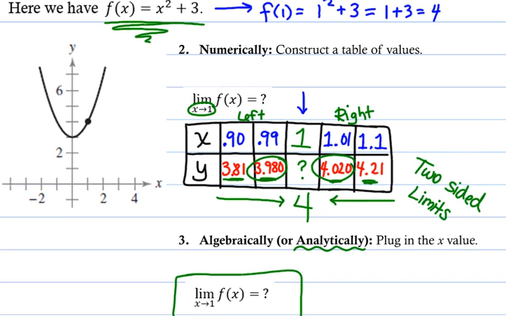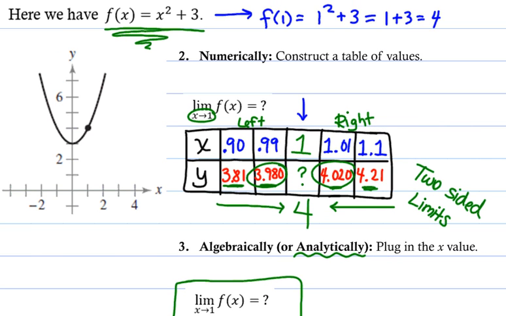Up here somewhere, I took the equation f of x equals x squared plus 3, and what I did was I plugged in 1, and I got 4. This right here is how you would do it algebraically. You can't always, but when you can, it's probably the easiest.